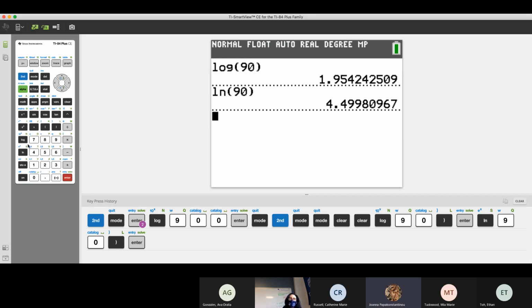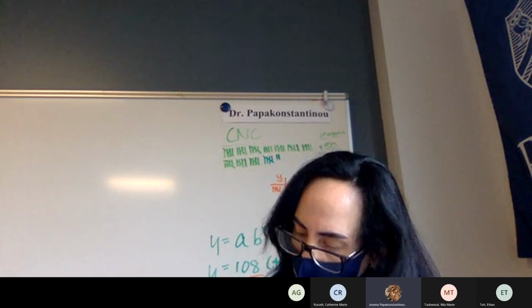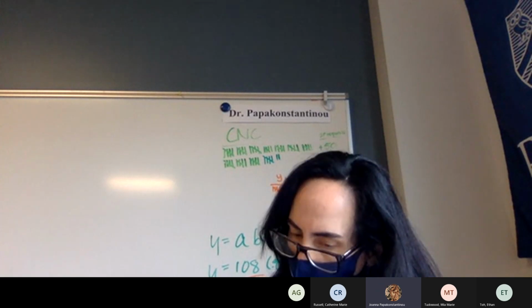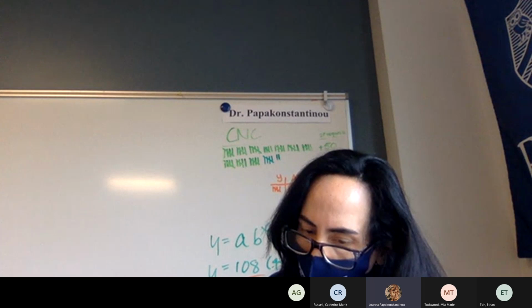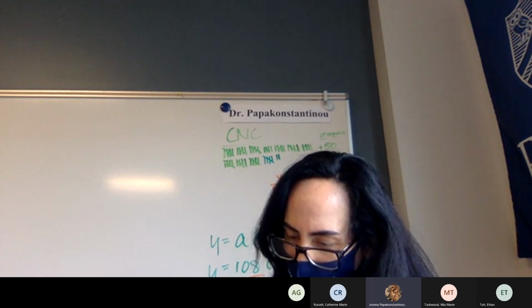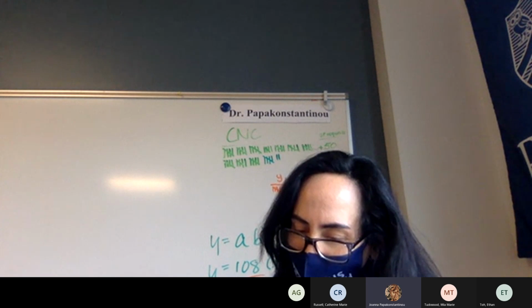Now, looking at the next one, you don't need a calculator. You should be able to answer the next one automatically, knowing our properties. Can you tell me what the value of the next one is? The base and the argument are the same.